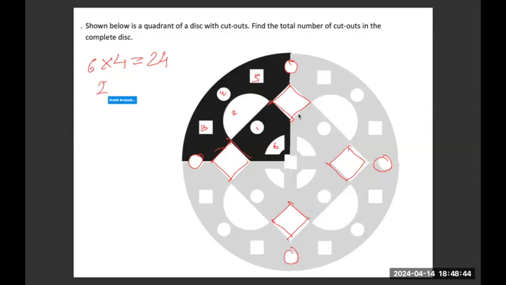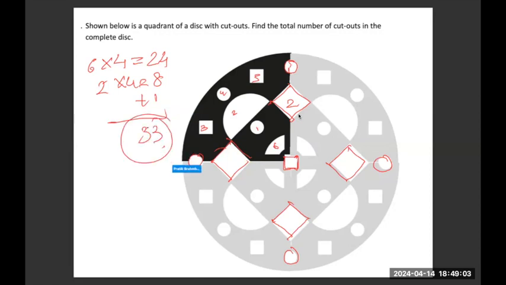So 2 units, because one is a circle and one is a diamond, multiplied by 4, which is 8, plus there will be one cutout which is yet to be counted in the middle, plus 1. When you add this together, the answer that you will get is 33. So 33 is the total holes or cutouts that will be there in the whole disk.